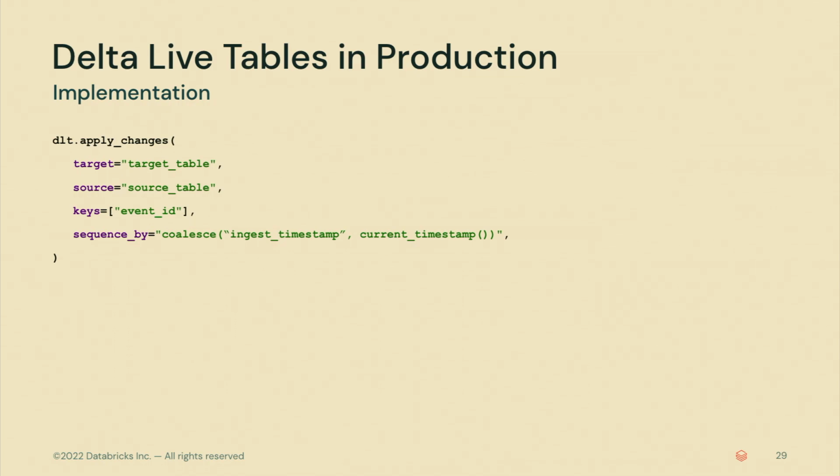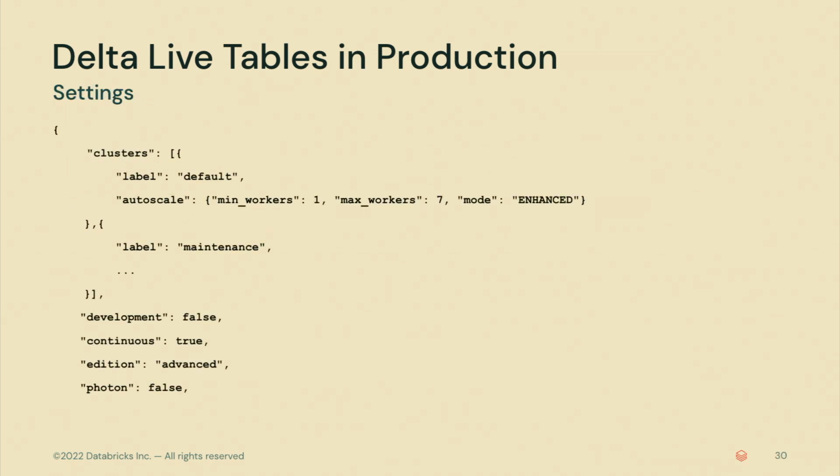With the DLT API, you just call apply changes, and you give it the primary key or keys column. That's how it knows how to merge those records. If two events have the same event ID, it will take the one with the largest ingest timestamp, or if the ingest timestamp column is missing, it takes the current timestamp to know which event to keep and which event to discard, essentially.